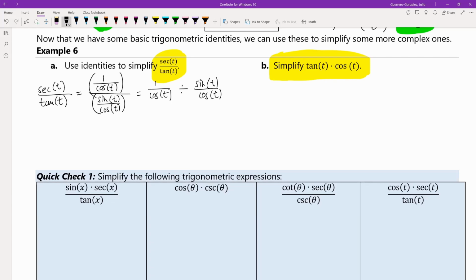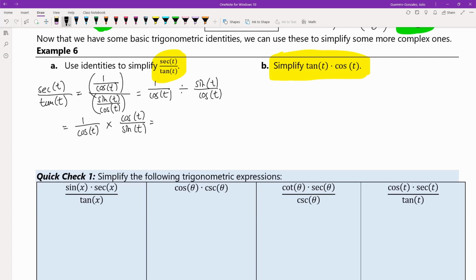Now, if you have the division of fractions, you can flip the second one and make it into a multiplication. The first one stays, 1 over cosine of t. Times cosine of t over sine of t.